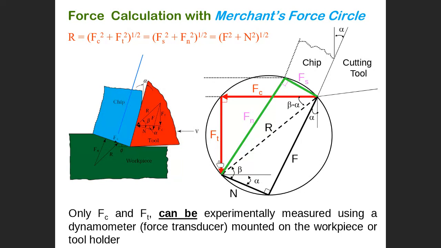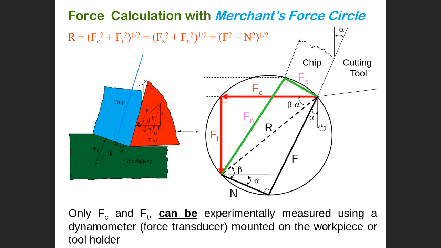Then FN is normal to the shear. So FS is the shear force, FN is normal to the shear, and R is the resultant for all. If you draw a circle, the circle will pass through all these forces. We call it the Merchant force circle.